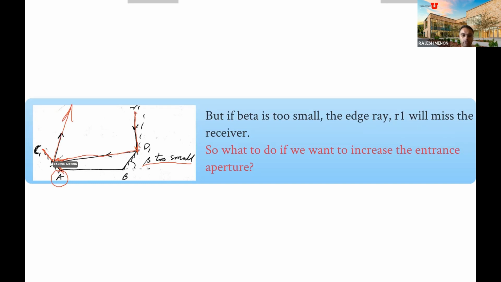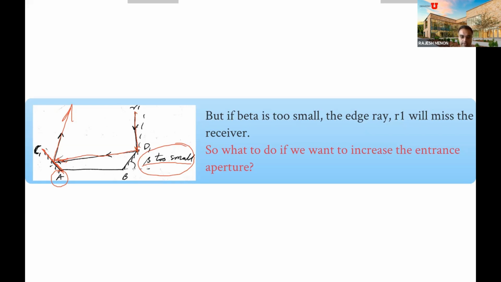Okay, so now I can see that if I do not design this angle beta just right, such that the ray R1 ends up at the point B, I will simply lose the ray. Okay, well, we'll see what this means.